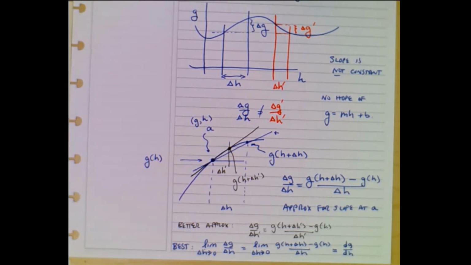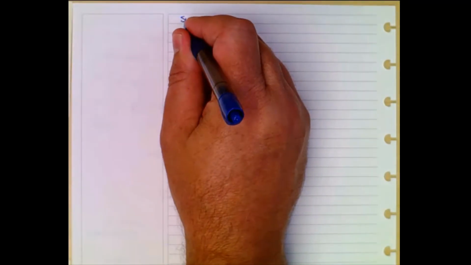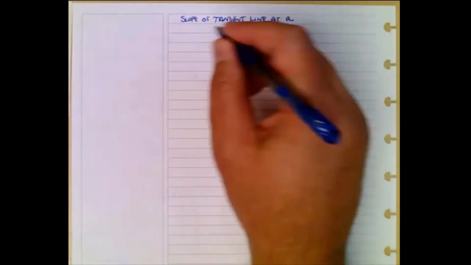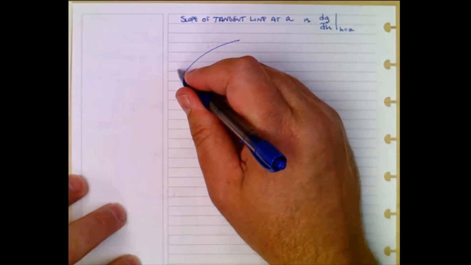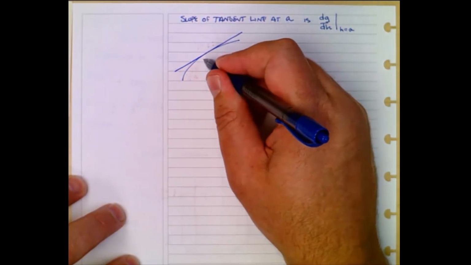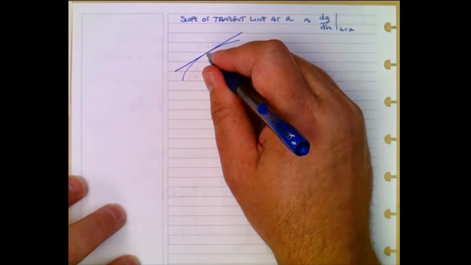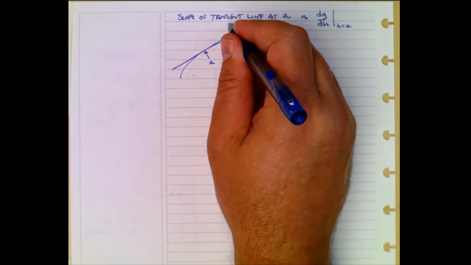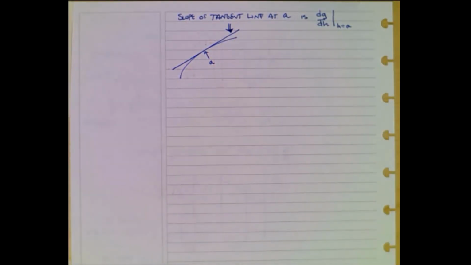Okay? So, just to summarize, the slope of the tangent line at A is dg dh evaluated at h equals A. Okay, so the line which touches just barely, right at that point A, it's the slope of this line that is equal to the derivative.